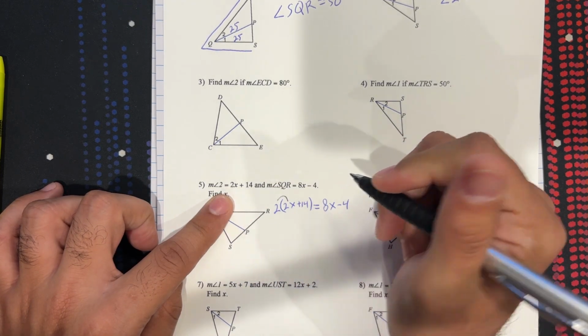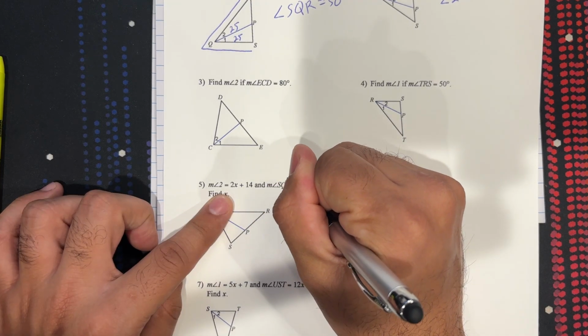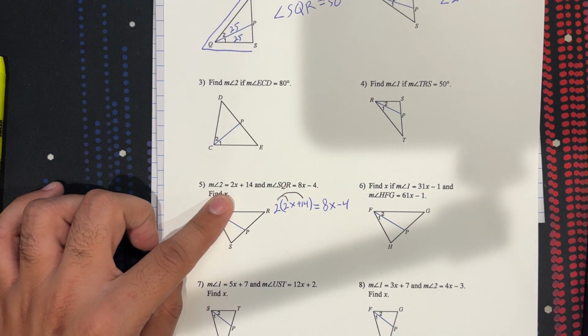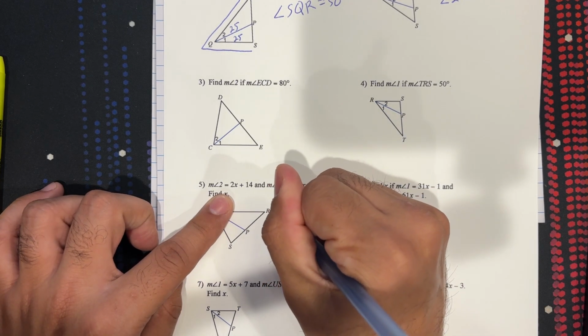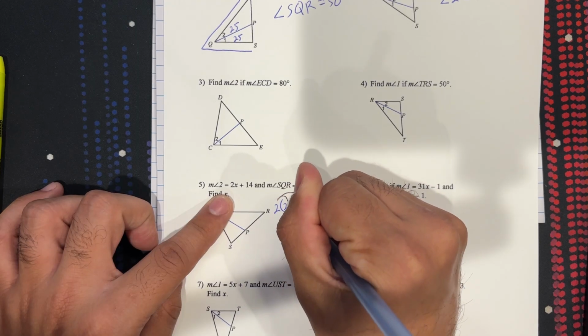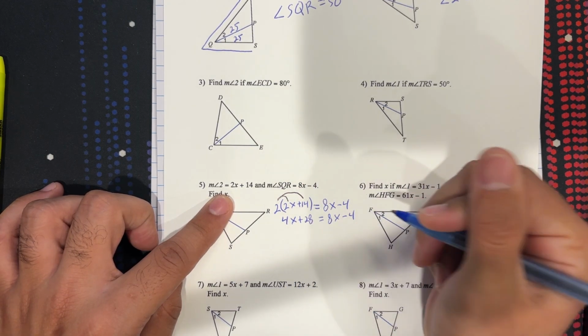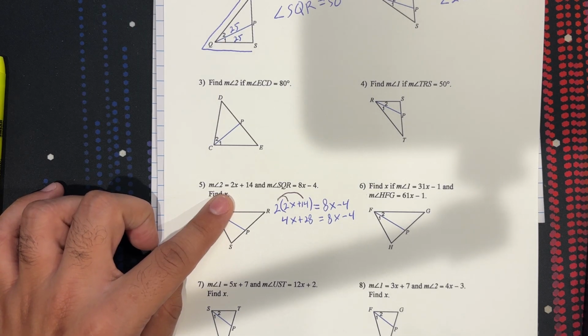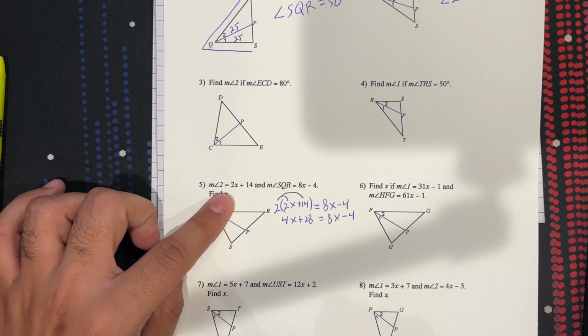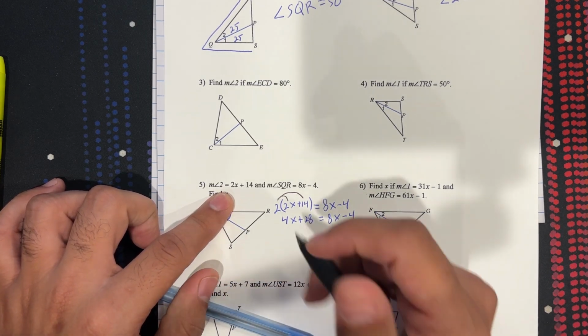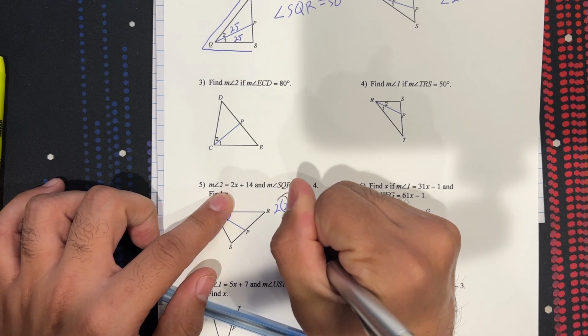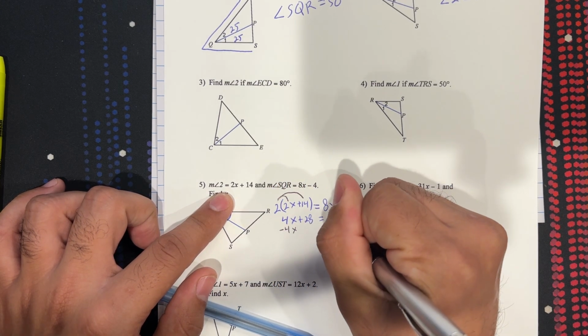So 2 multiplied by 2, and 2 also multiplies to that 14. So here we get 4x plus 28 equals 8x minus 4. Now we just start doing the order of operations. In this case, I'm going to subtract 4x from both sides. It's usually easier to subtract a smaller x.